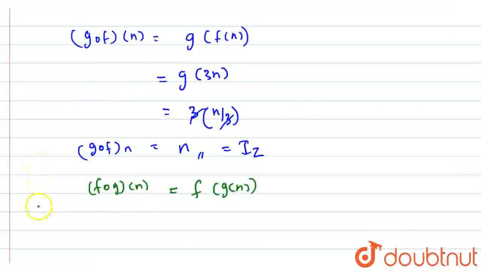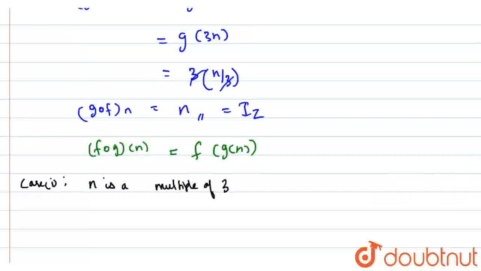Now case 1. In case 1, n is a multiple of 3. If n is a multiple of 3, then f of g of n is equal to f of n by 3.